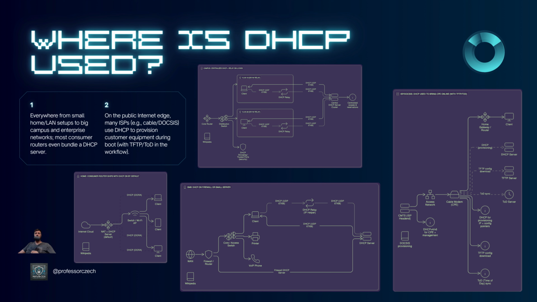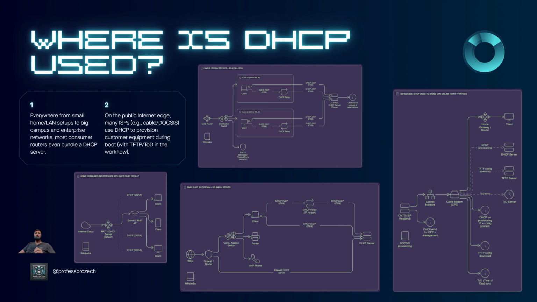Because broadcasts don't cross routers, DHCP relays or IP helpers on the layer 3 interface act like an usher, forwarding requests from each floor to a central DHCP brain in the data center. Admins sprinkle in options such as use the TFTP for phones, these DNS servers for labs, shorter leases for guest Wi-Fi, and lock it down with snooping and trusted ports so rogue boxes don't impersonate the kiosk.